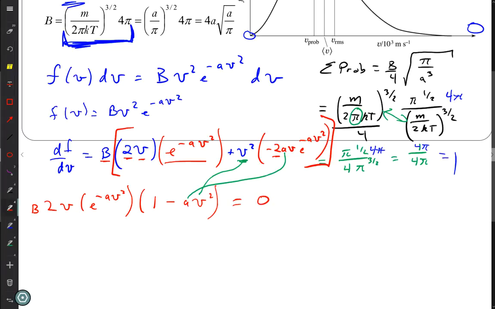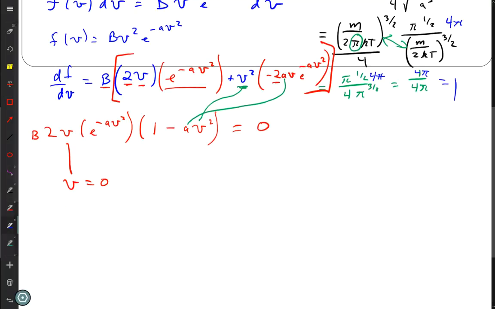What conditions will set this equal to 0 in terms of v? What values of v would set it equal to 0? Okay, so the first one, v equals 0. What's our next one?